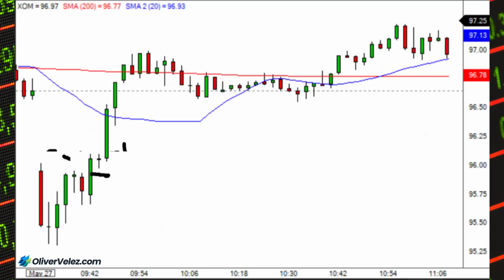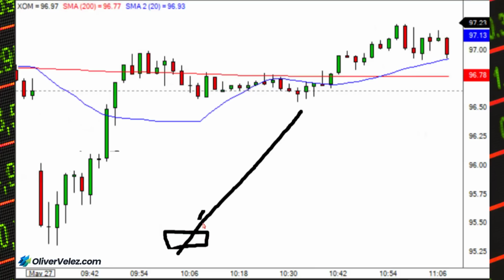Now let's go over why, in this leg, original entry and add, RBI. Let's talk about why this RBI is so important to grab.